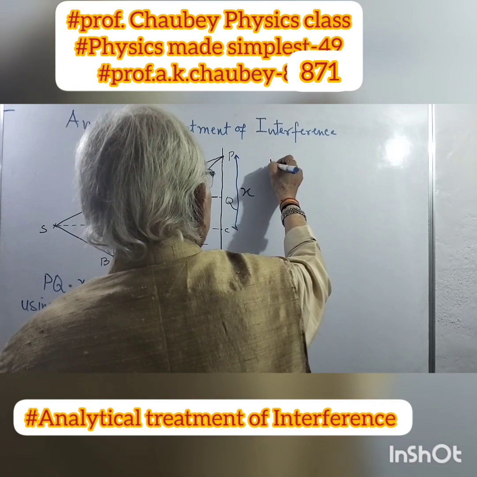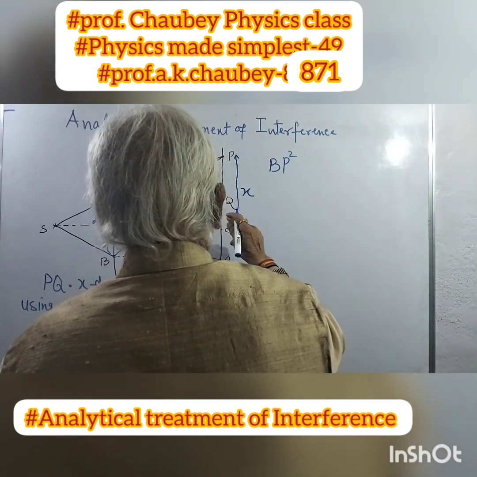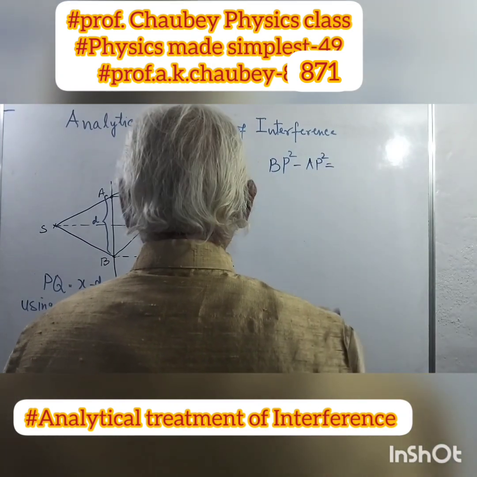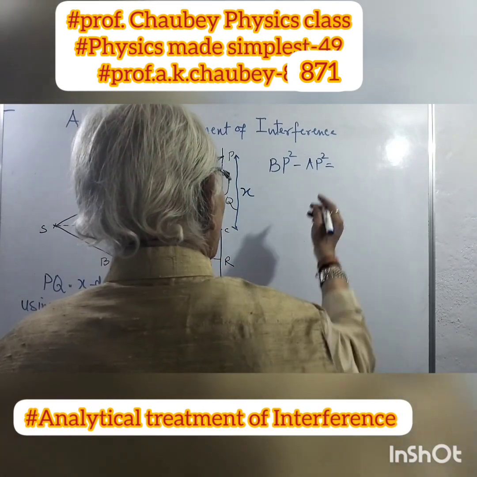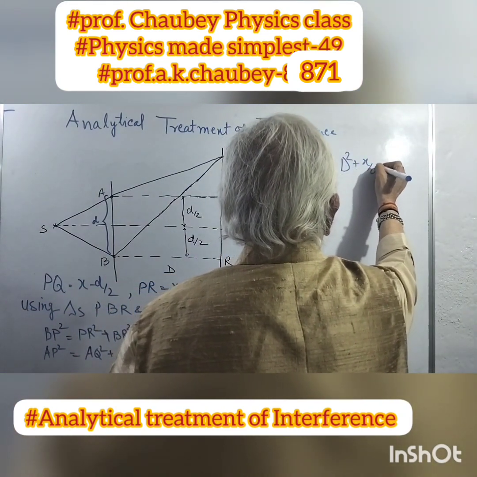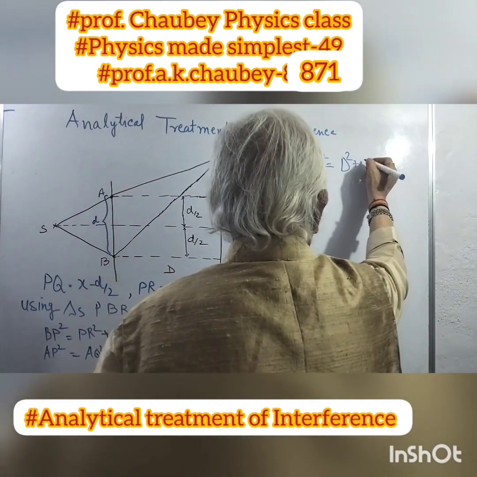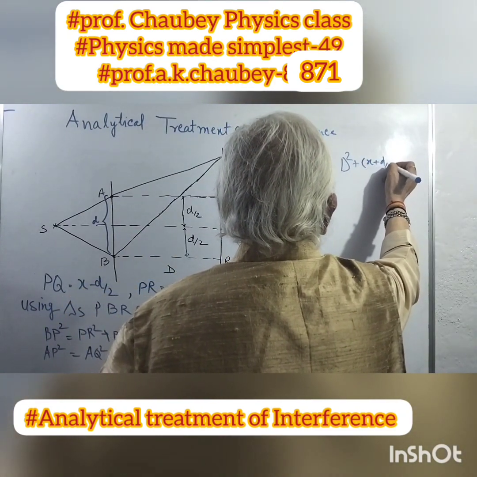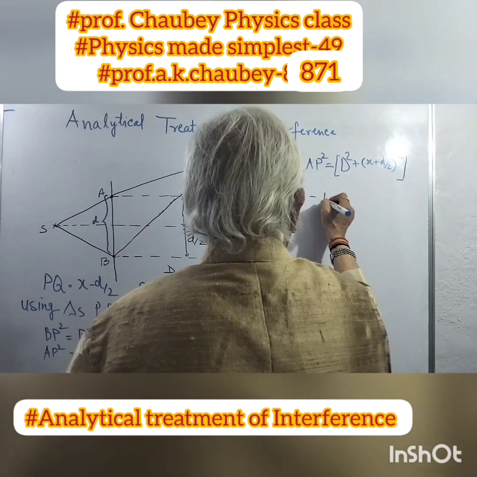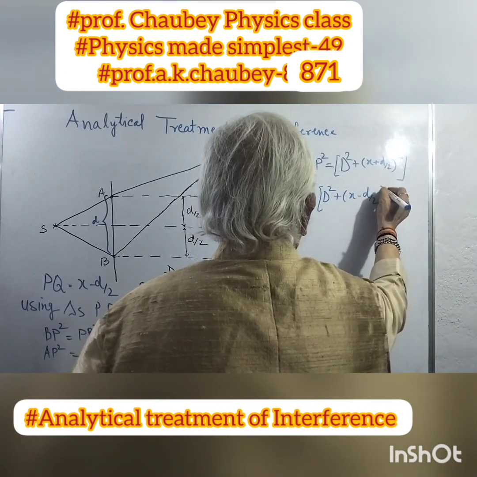So BP square minus AP square is equal to, we write the value of BP and the value of AP, D square plus (x plus d by 2) square, minus D square plus (x minus d by 2) square.